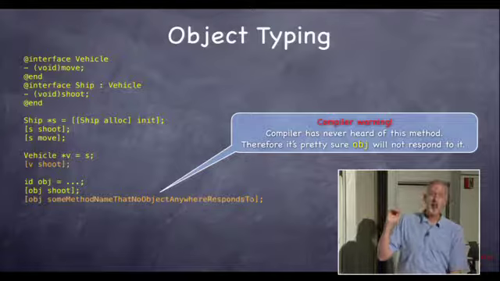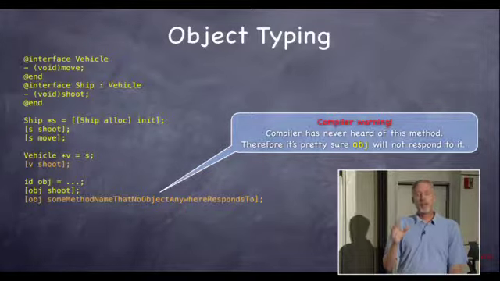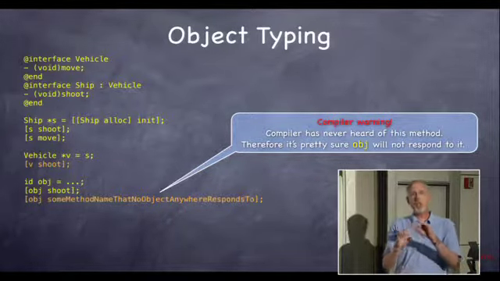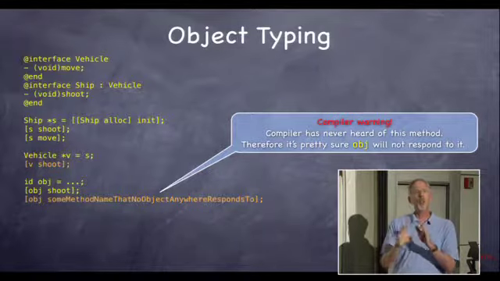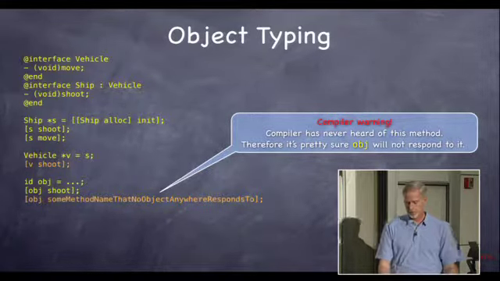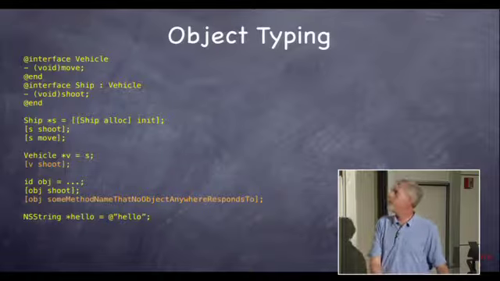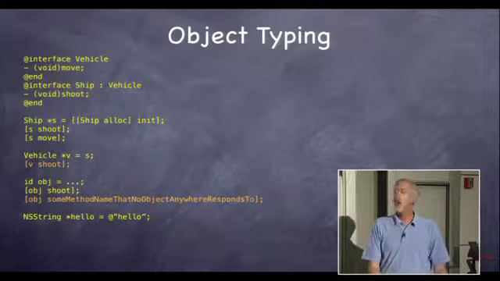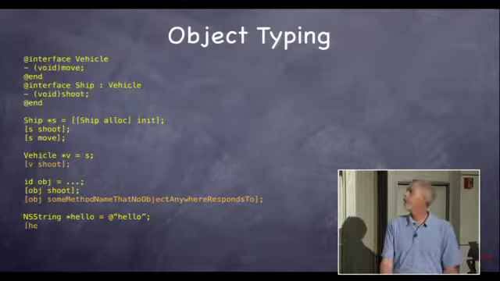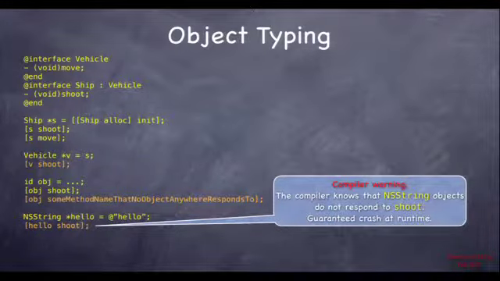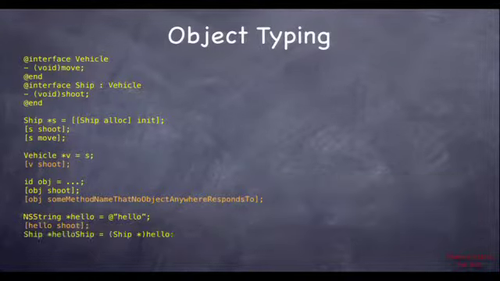So with some method name blah blah blah, the compiler is going to complain, which is good. So if you type a syntax error or you mistype a method, usually it's going to catch it, which is nice. Now let's say I have a string. I have a string star hello, and I say hello shoot. Well, that's definitely going to fail, and the compiler knows that, so it's going to warn you, and so you'll avoid your crash at runtime there.